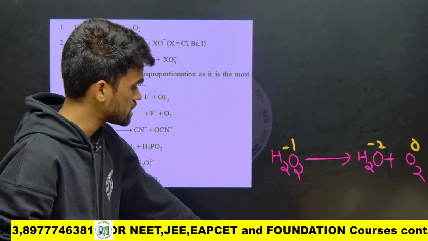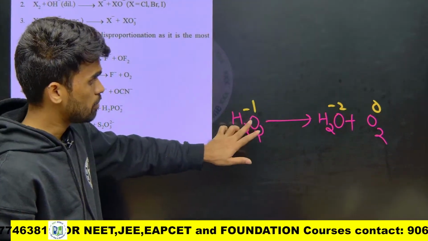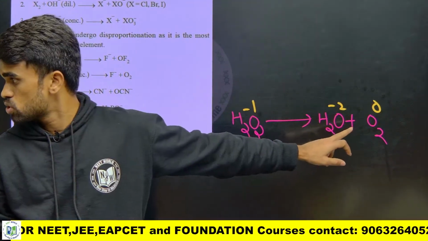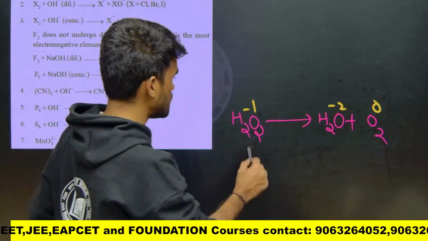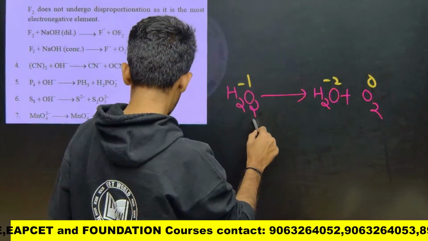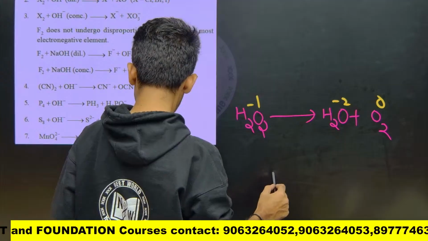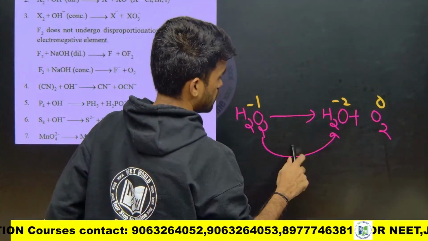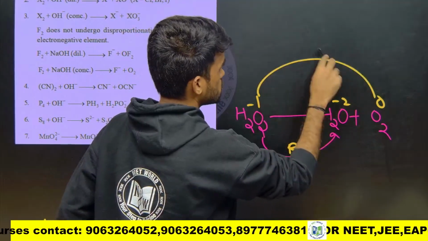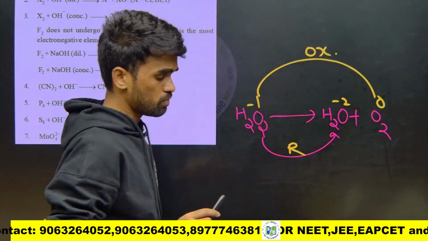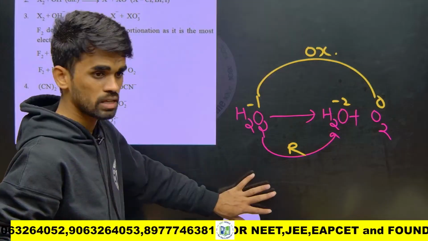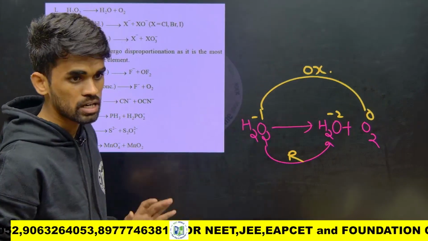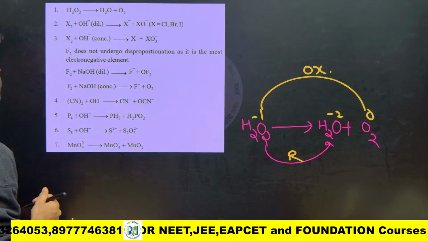If you consider here, minus 1 is changing to minus 2, what is this process I can say? This process is reduction and this process is oxidation. So both processes are involved in the same reaction, so it is a disproportionation reaction, okay.